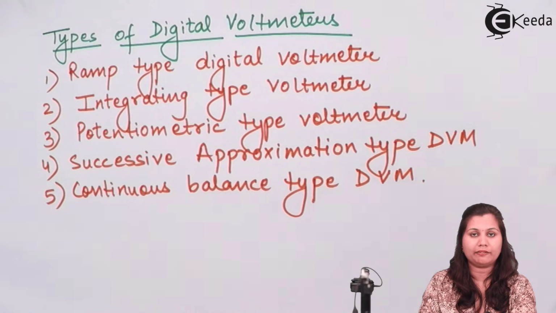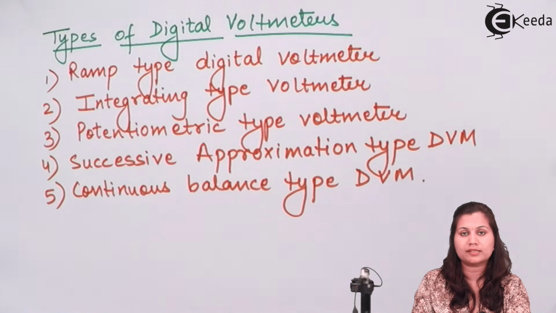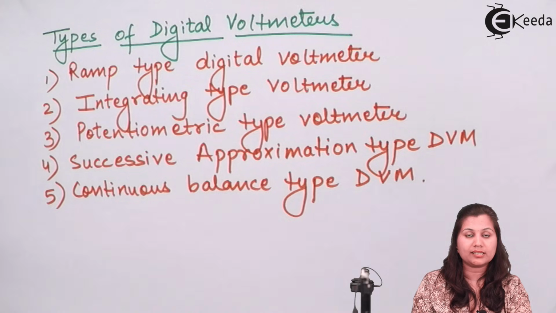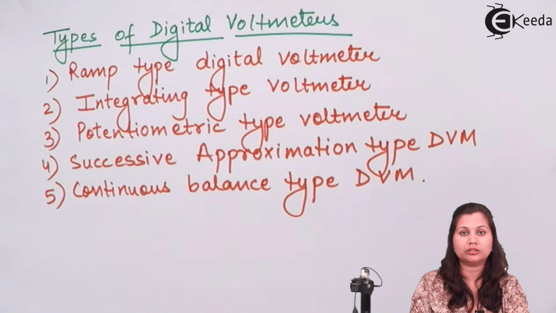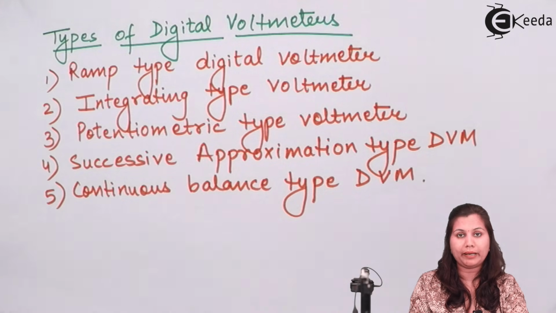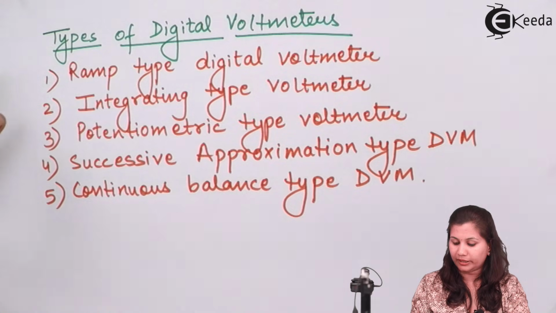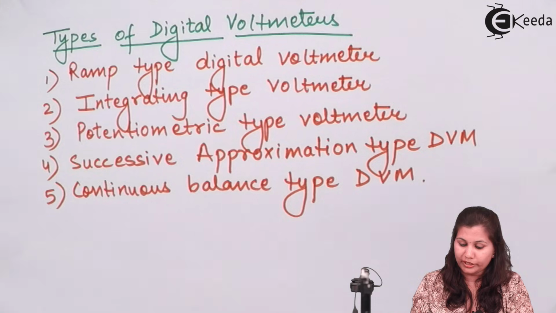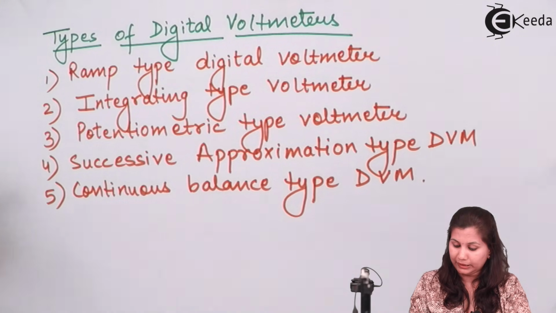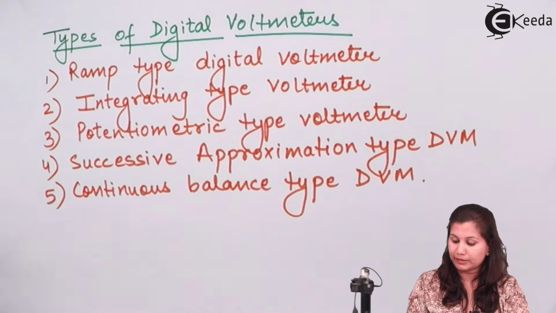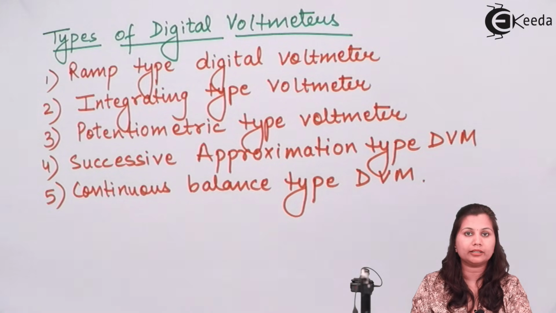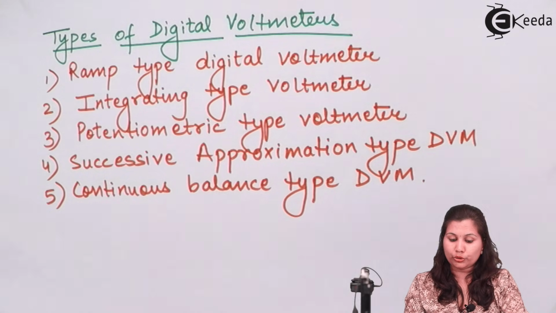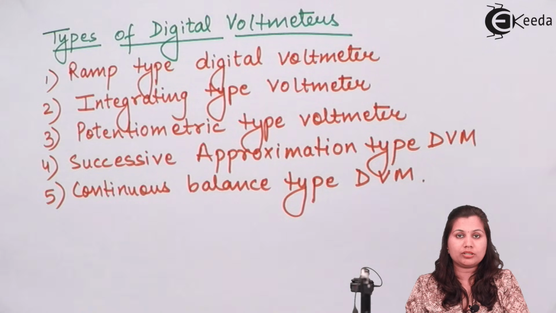In these types of digital voltmeters, various techniques are used to measure the input voltage, and depending upon the technique used, their names are decided. So there are 5 types: ramp type, integrating type, potentiometric type, successive approximation type, and continuous balance type digital voltmeter. So this is all about the digital voltmeter.